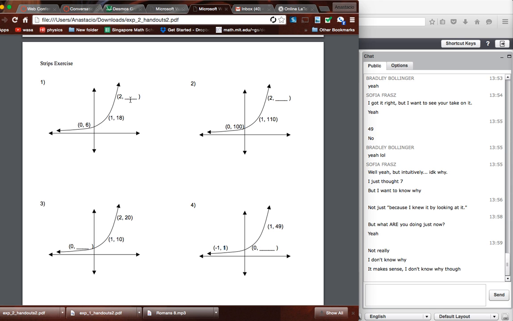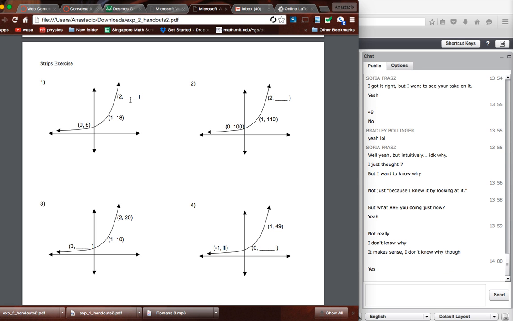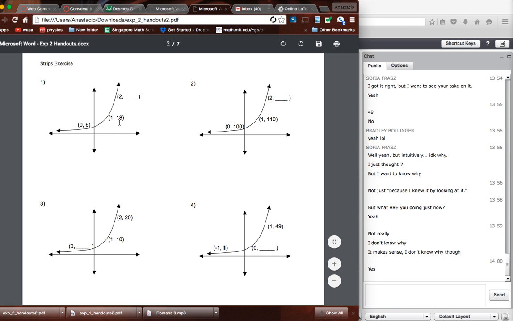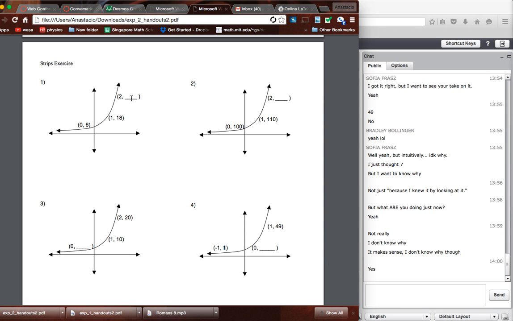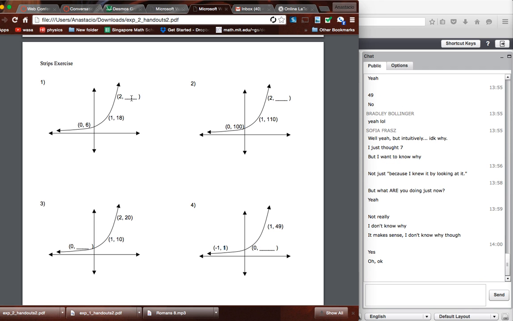Cool? So I could have gone straight from 6 to 54 by multiplying by 3 twice. But instead of multiplying by 3 and then multiplying that by 3, I could have just multiplied the first step by 9. We cool? Or, more accurately, 3 squared. Are we down with that?